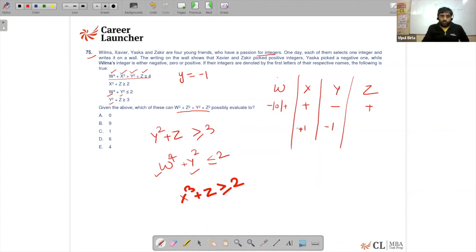Right, because otherwise, if x is going to be more than 1, an integer, the cube of that will be actually more than 4, and therefore this will not hold true. Okay, now I know x is plus 1 and y is minus 1.